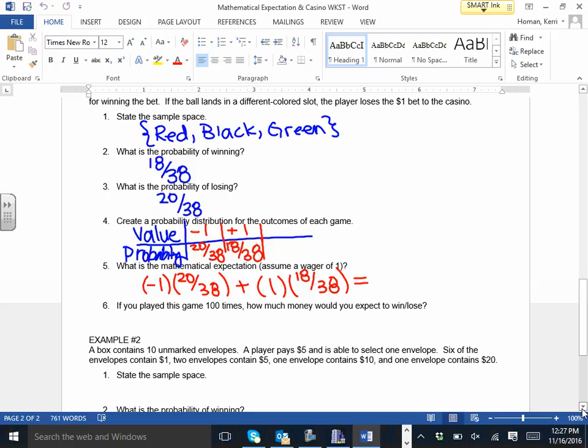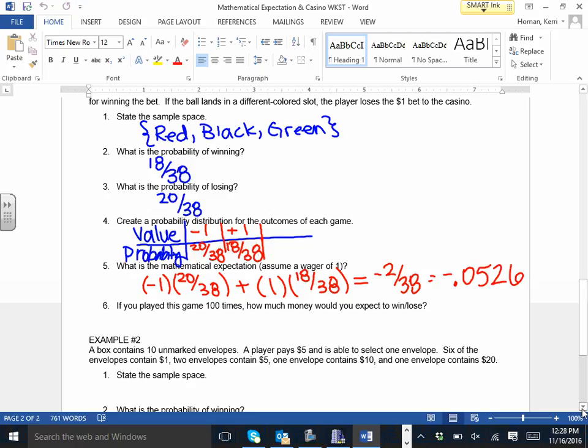Okay? So without a calculator, we can obviously see that this is going to be -2 over 38, right? Which is -0.0526.